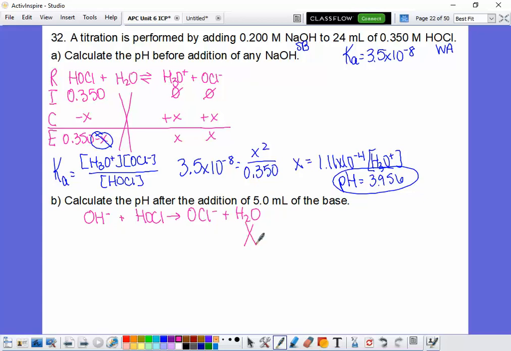All right. So now I need to worry about the amounts of these things and do the stoichiometry with it. Because when it's a complete conversion, when it's a strong reaction like this, one that drives to the right, it's just straight stoichiometry. There's no equilibrium, Rice table, or anything like that. What values, what units do I put on those values? Moles. I have to use moles for stoichiometry.